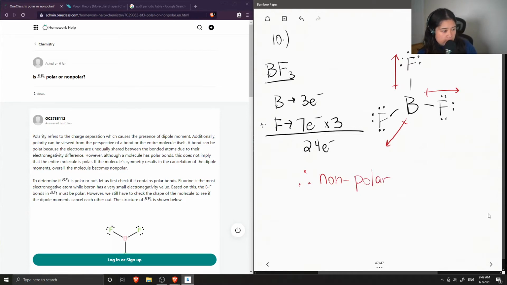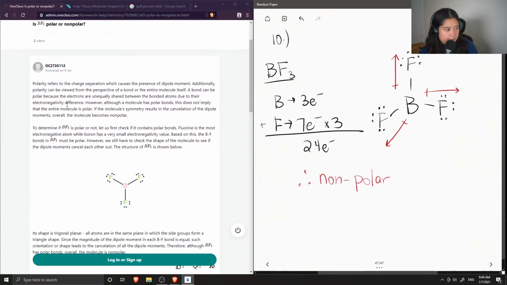And the junior tutor said, polarity refers to the charge separation which causes the presence of dipole moment. Additionally, polarity can be viewed from the perspective of a bond or the entire molecule itself. A bond can be polar because the electrons are unequally shared between the bonded atoms due to their electronegativity difference. So the boron and fluorine bond is polar because of the electronegativity difference.